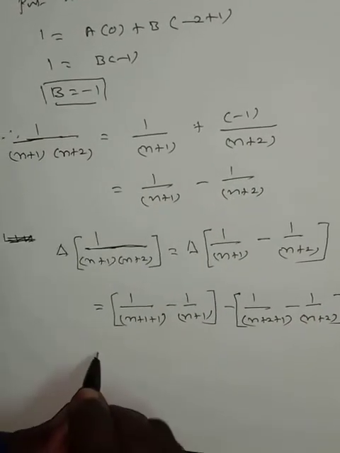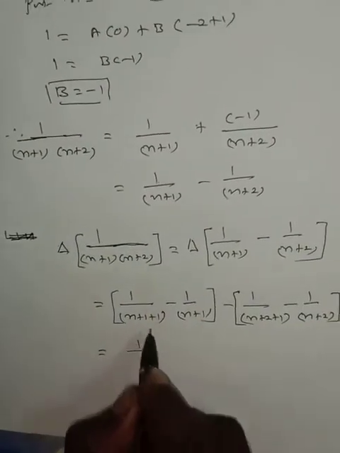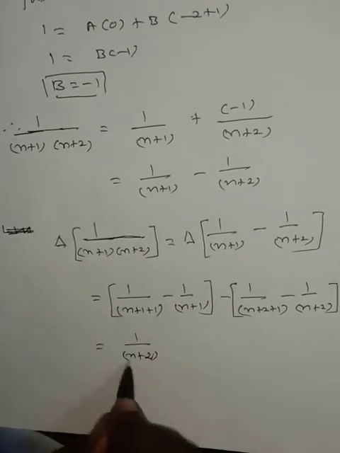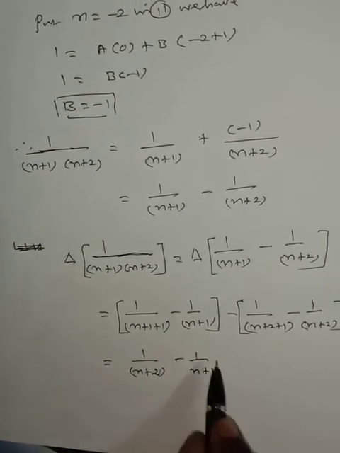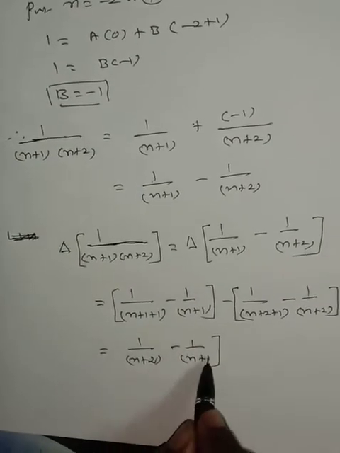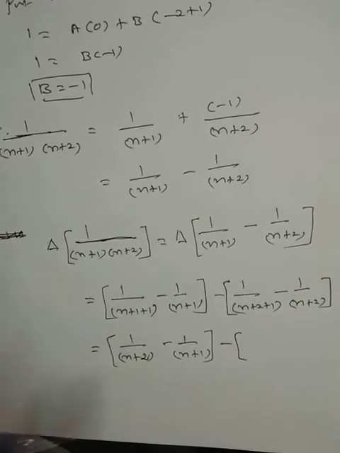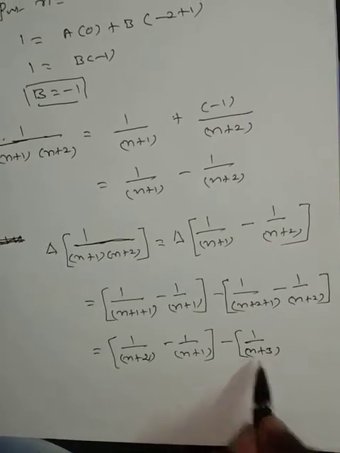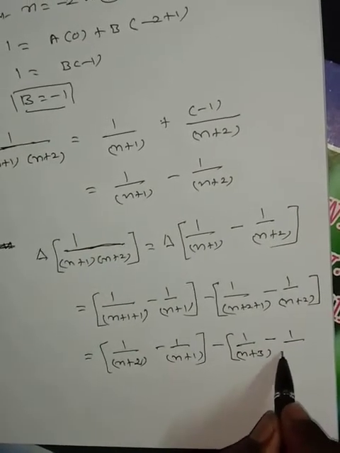Next, it is equal to 1 by x plus 2, since x plus 1 plus 1 is x plus 2, minus 1 by x plus 1, minus 1 by x plus 3, minus 1 by x plus 2.